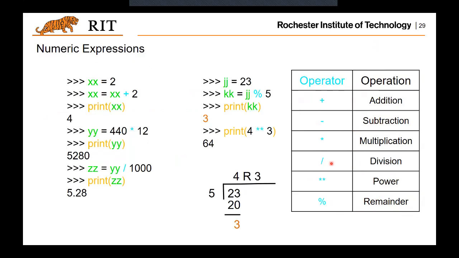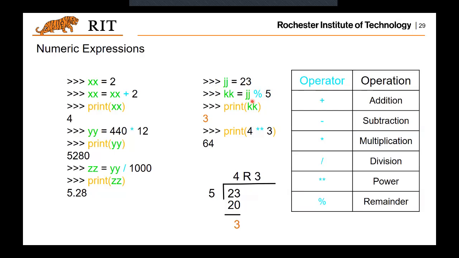So we have a set of code. Basically, this is the addition, multiplication, and division, right? These are simple. And then we have another variable JJ, which is 23, and KK equals JJ percent 5. What does it mean?